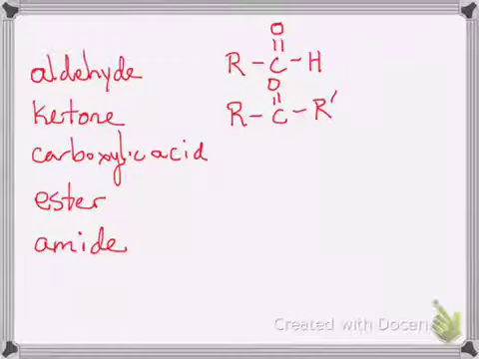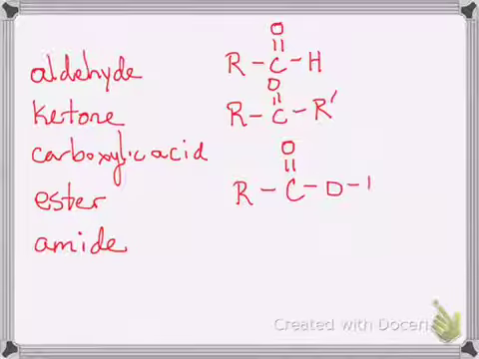Now this is where things get a little bit more difficult, and where I start to see people lose track of what the actual family is. So carboxylic acid, and sorry, I'm going to be stretching out on this page a little bit, is this structure. Again, it has that carbonyl group.